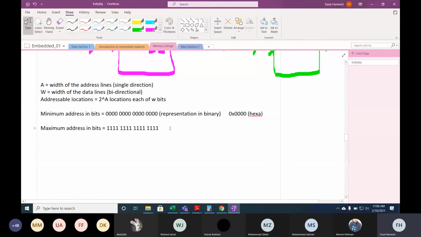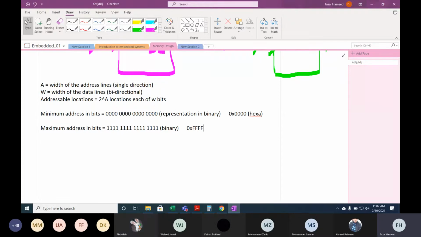So what will be the maximum address in hexadecimal? 15. Sir, F.